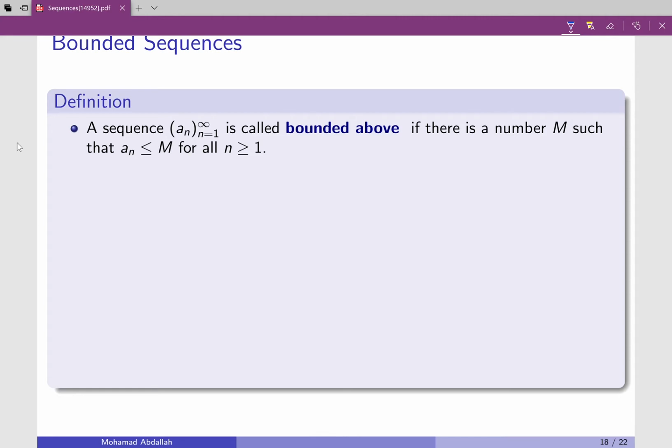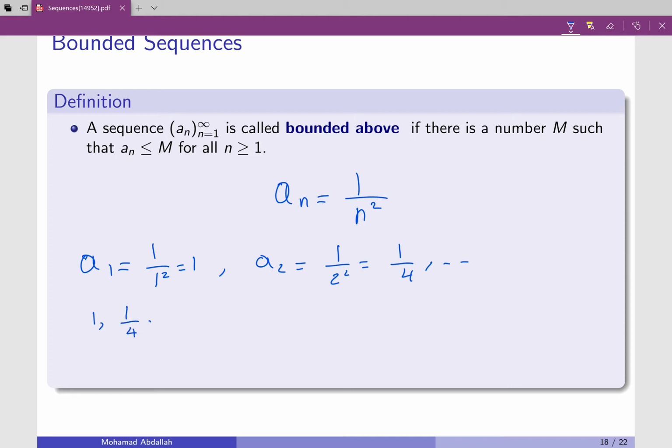For example, let's say an equals 1 over n squared. If you list the terms of this, a1 is equal to 1 over 1 squared, which is 1. a2 is 1 over 2 squared, which is 1 over 4, and then 1 over 9, and so on.